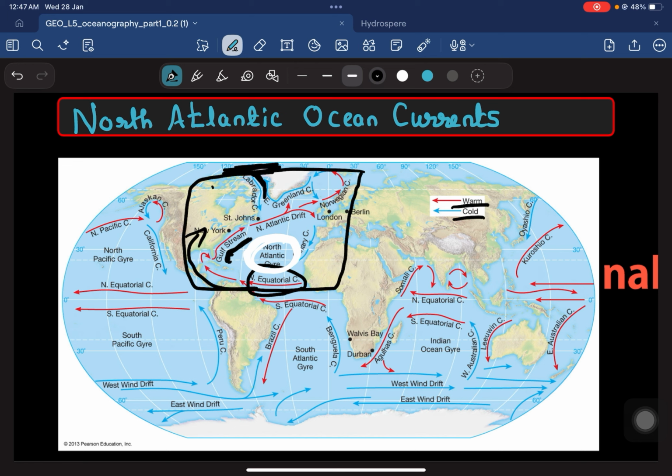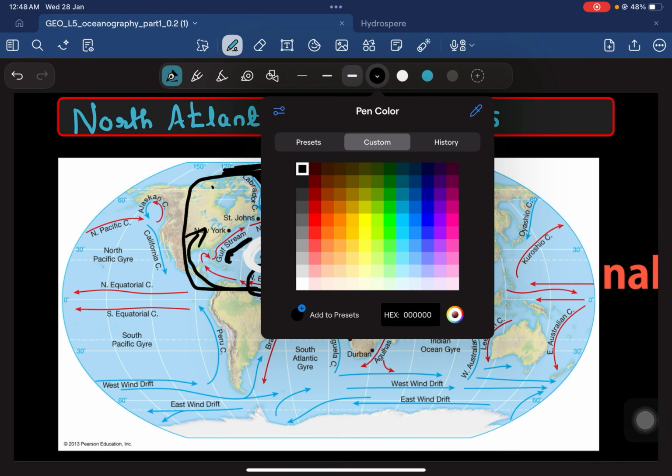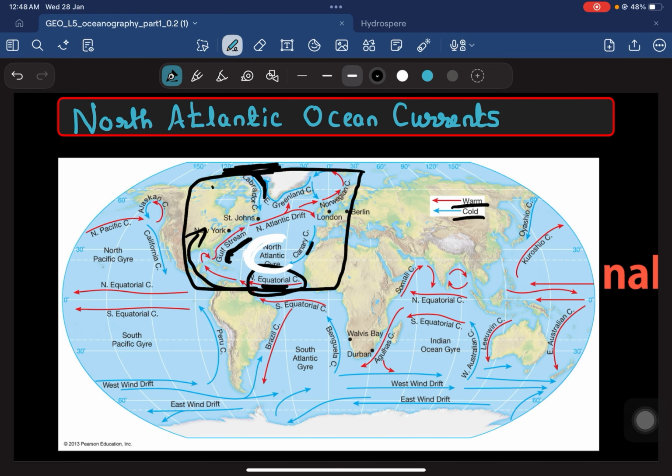Gulf Stream here, north equatorial current here, Canary current here. Where is the Canary current? Yes, here. This is the Canary current. The Canary current is a cold current. It will give a desiccating effect, which means a drying effect, to the Sahara Desert here in Africa.